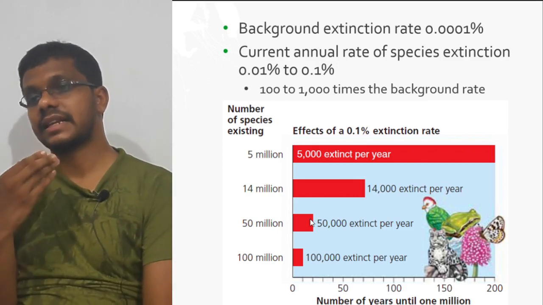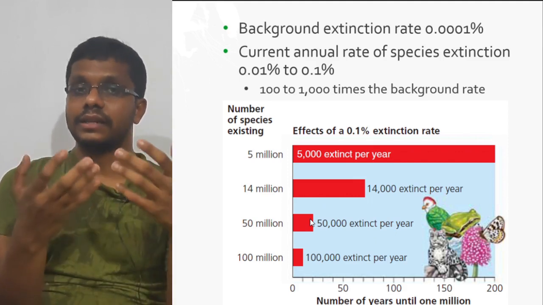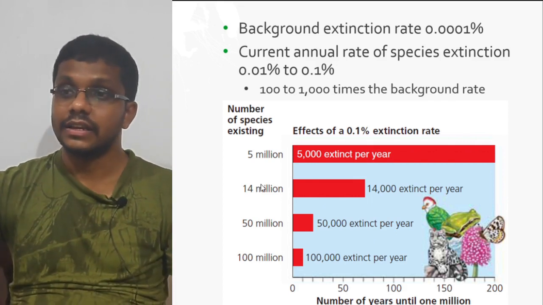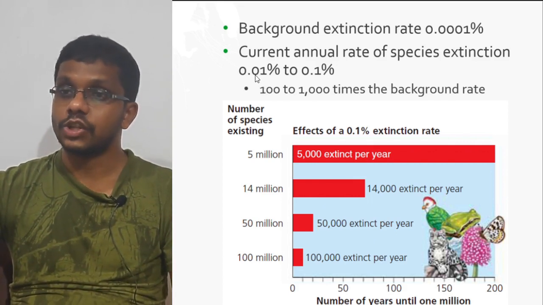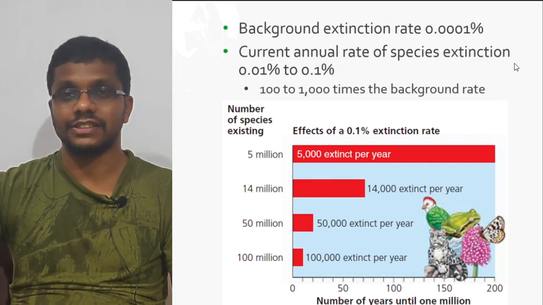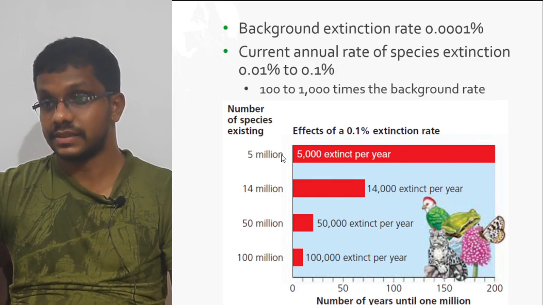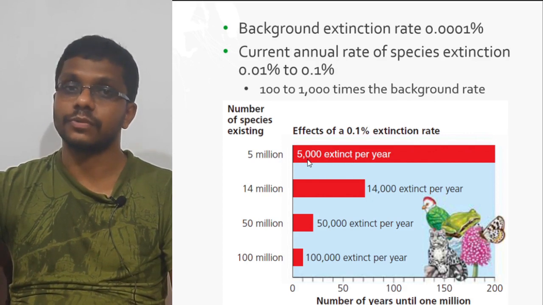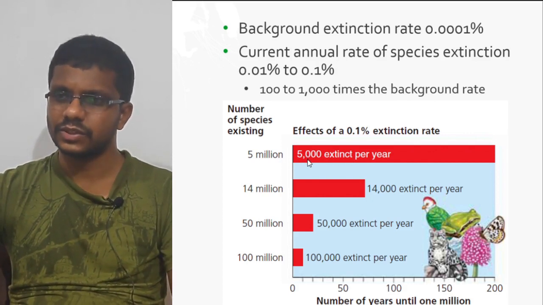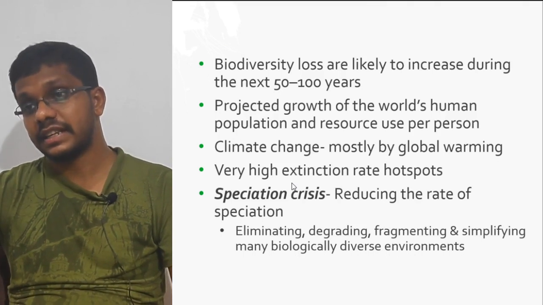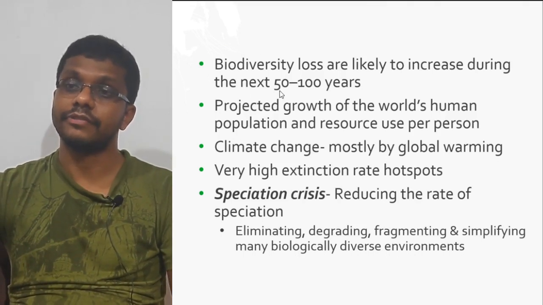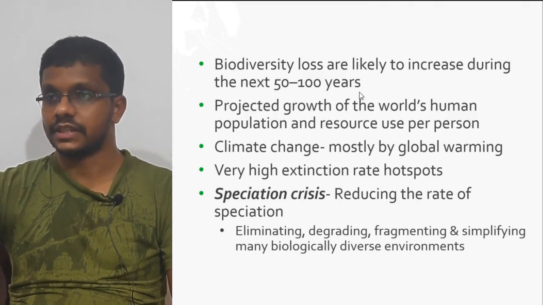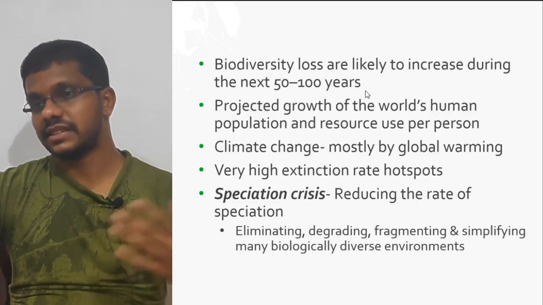The other sad situation is that human activities are increasing and we are changing the environment so dramatically that the extinction rate may increase from 0.01 to 1 percentage up to 1 percentage. So the situation is very alarming, and we are expecting heavy loss of biodiversity in the coming 50 to 100 years, even if we take many steps to protect biodiversity, because the changes have already occurred.